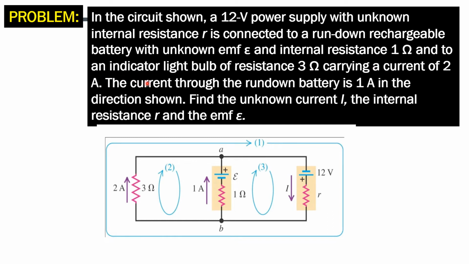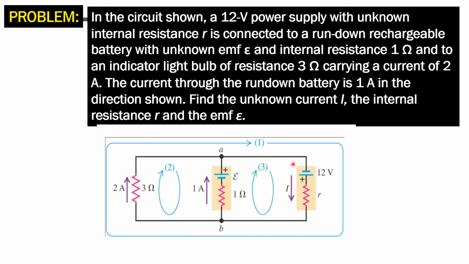The current through the rundown battery is 1 ampere in the direction shown. Find the unknown current I, the internal resistance small r, and the EMF epsilon. So in the diagram, as you can see, we have two batteries.